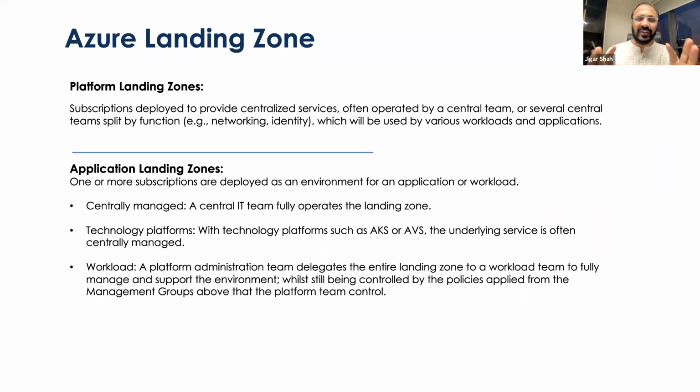But for simplification, we are using Azure as the point of today's discussion. When we talk about Azure landing zones, predominantly they are divided into two parts: platform landing zones and application landing zones. In the AWS world, they call it control landing zone, application landing zone, and user landing zone. There are different ways to define it.